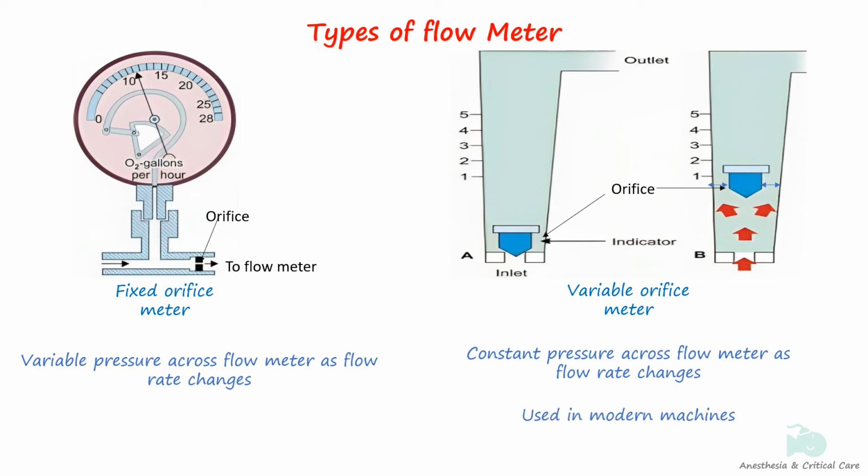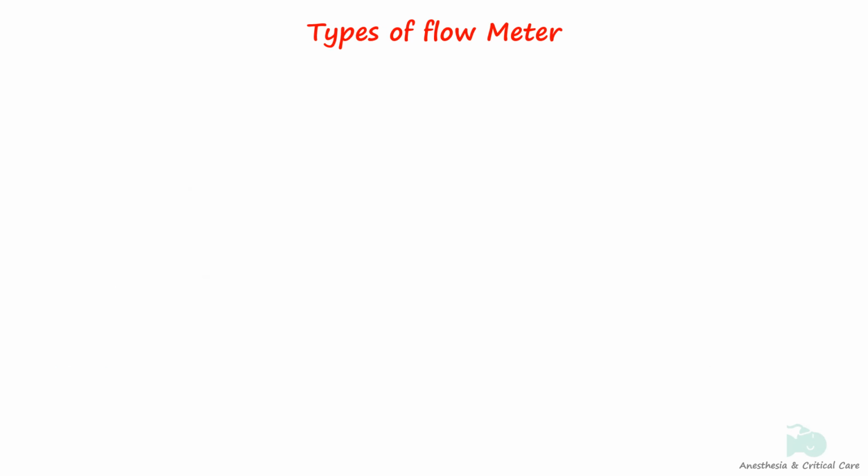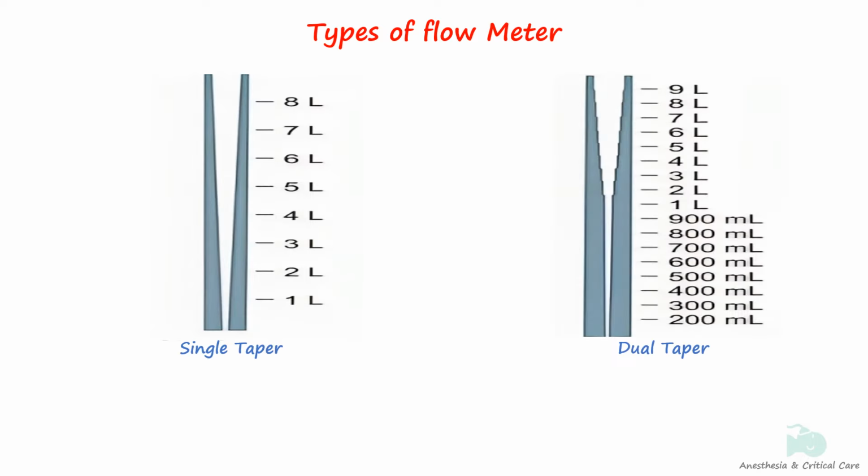Variable orifice flow meters, synonymously known as rotameters, are the type used in modern machines. They are glass tubes with a slightly smaller cross-section at the bottom than the top. They are designed as single or double taper for anesthesia machines.